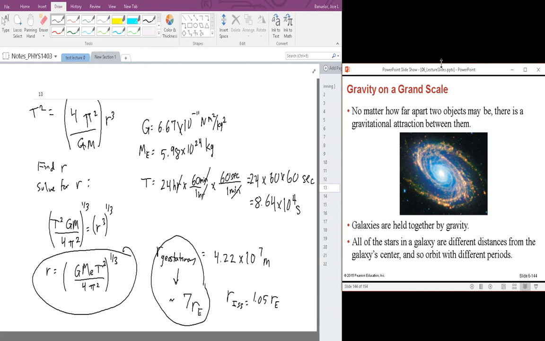If you follow up with some of the current research in this area, you may have heard that there are new concepts called dark matter and dark energy that are starting to be invoked, because astronomers are noticing that the motion of all the galaxies doesn't agree with the observed mass that we can see.